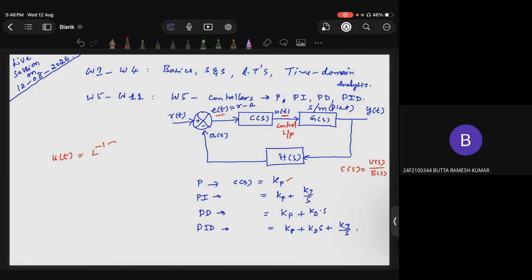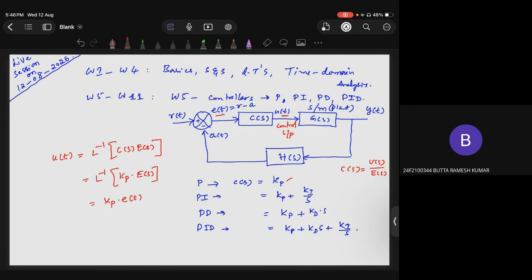The Laplace inverse of C of S times E of S, that is the Laplace inverse of KP multiplied by E of S, which is KP multiplied by E of t. Clear?